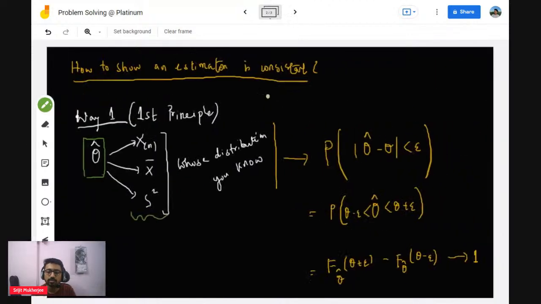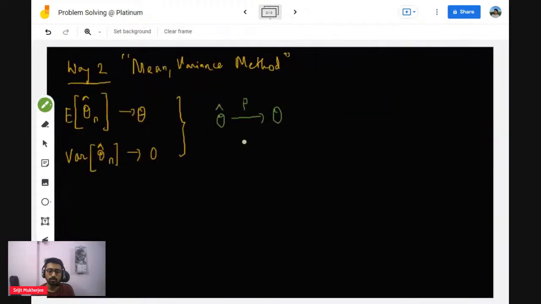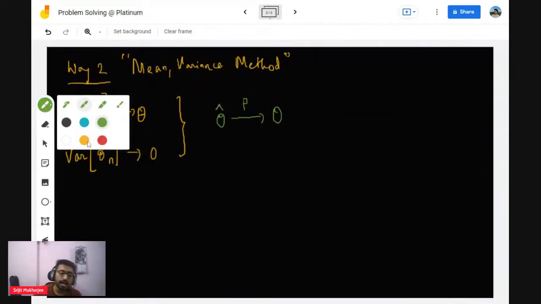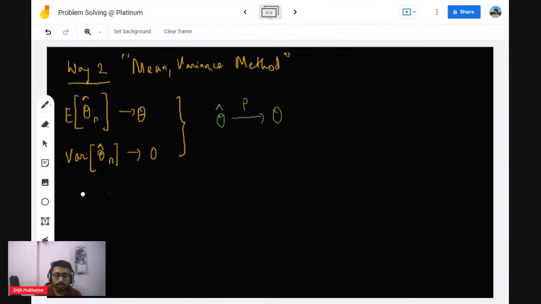You can also do it like this. Understand, remember this very carefully, this doesn't require the distribution of theta hat.